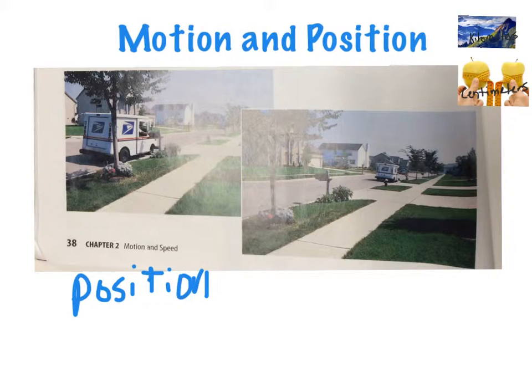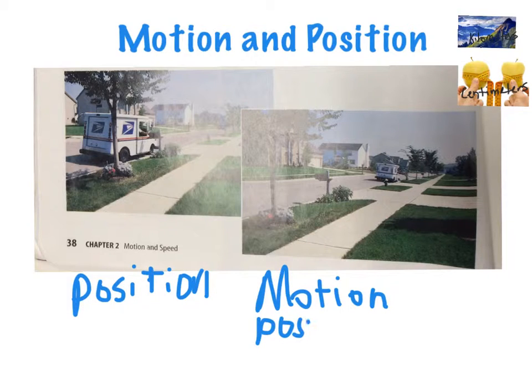Continuing, motion occurs when objects change their position. All right, now moving on to letter B. Letter B talks about reference points.